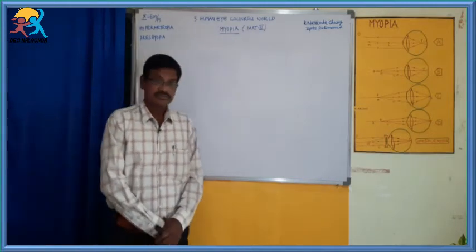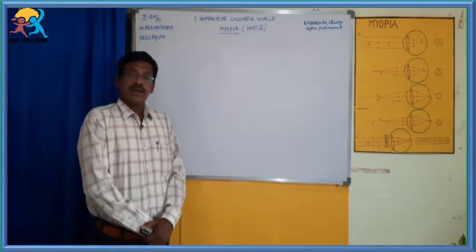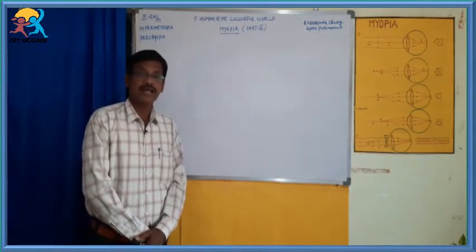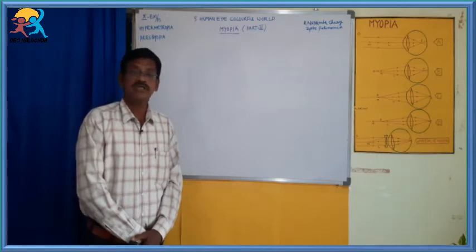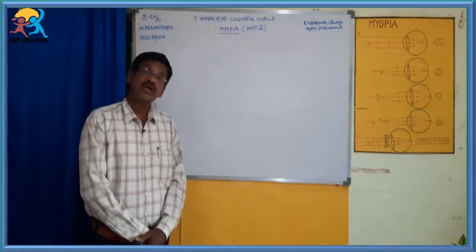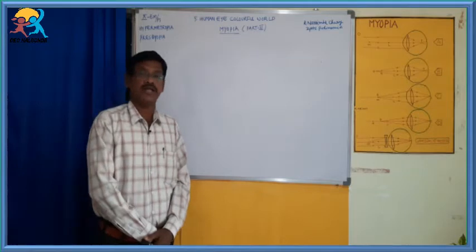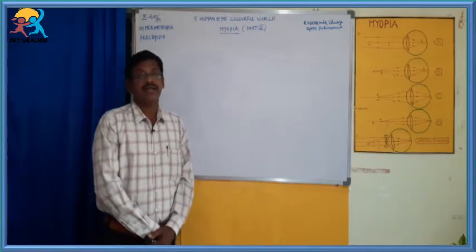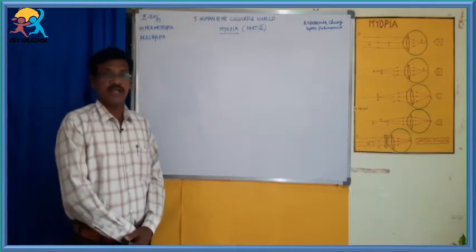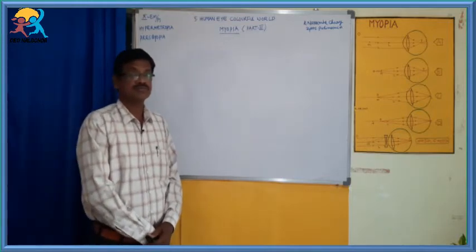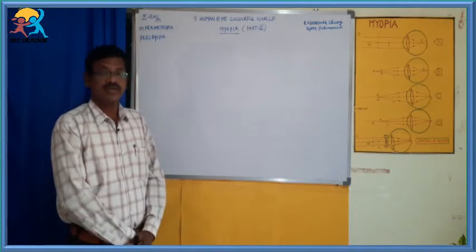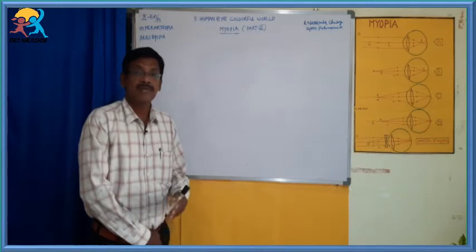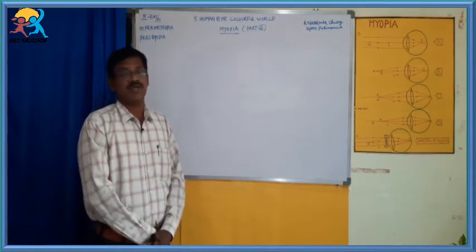Now, healthy people can see objects at more than 25 centimeters distance very clearly, whereas people suffering from myopia cannot see objects clearly, because, as I said previously, the rays coming from the object meet before the retina to form the image.